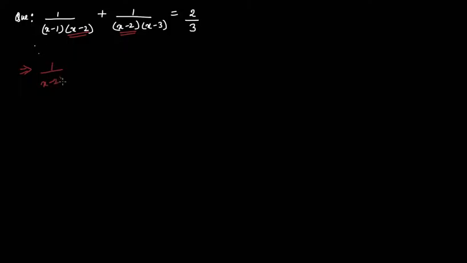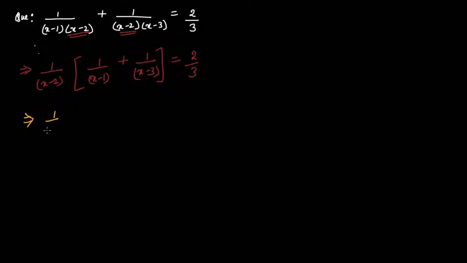So 1 upon x minus 2 is common, and the remaining terms we'll write as they are: 1 upon x minus 1 plus 1 upon x minus 3, and this is equal to our RHS, 2 by 3. Now let us write down and simplify it further.